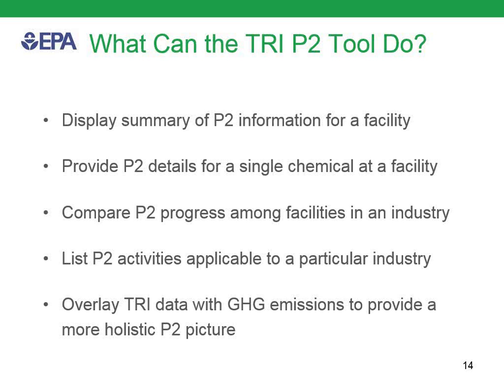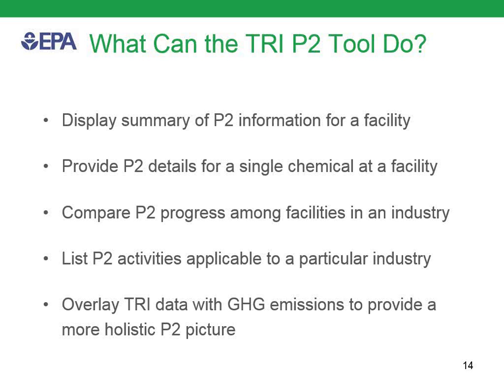Third, moving out from an individual facility, you can compare P2 progress across facilities in the same industry using some of those metrics I mentioned on the last slide. Fourth, you can get full lists of P2 activities applicable to a particular industry or chemical. We've seen that there are 8,000 of those activities and descriptions coming in each year, so listing out that information can tell you a lot.